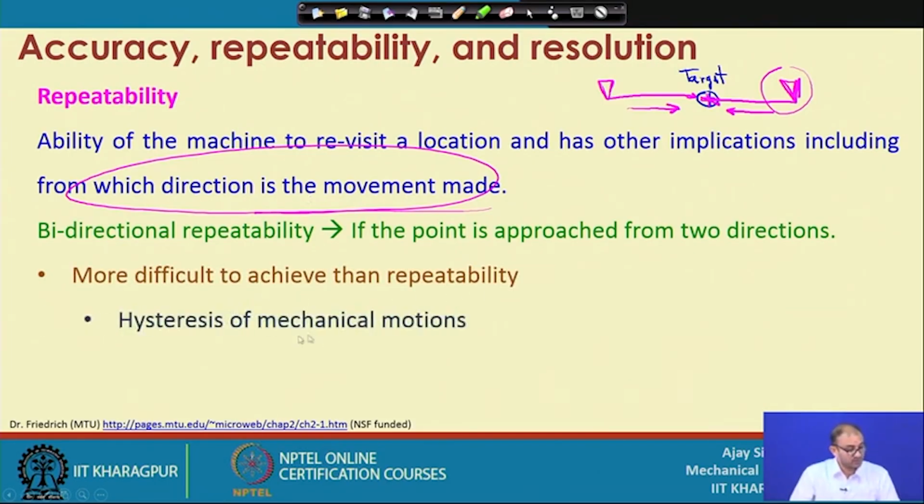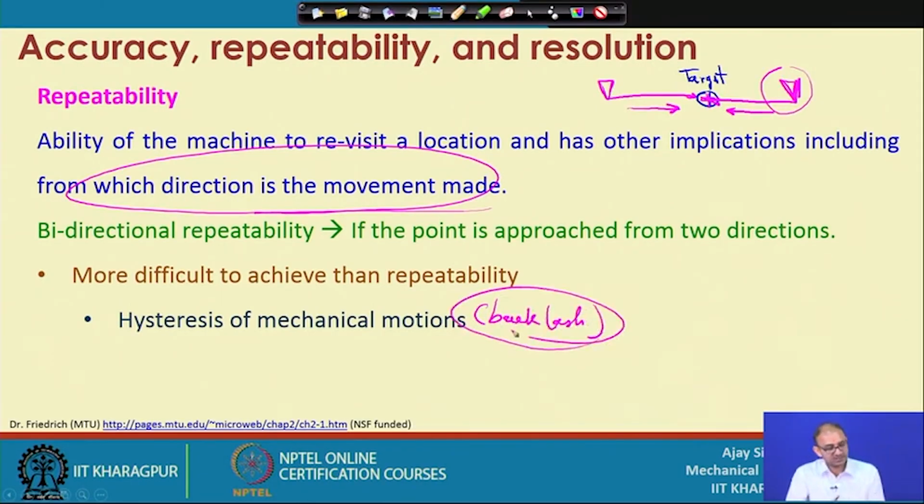Because there is a problem with the hysteresis motion. That is creating a problem, and the other thing we can write is backlash, right. What is this backlash here? Consider that suppose you have a lead screw, something like this.